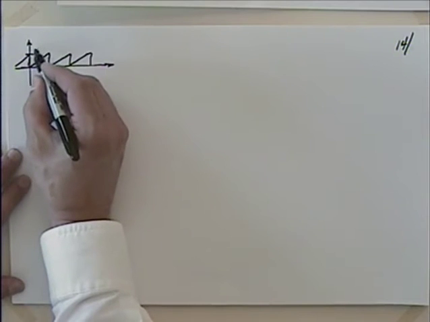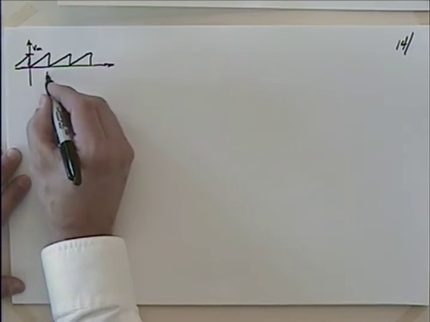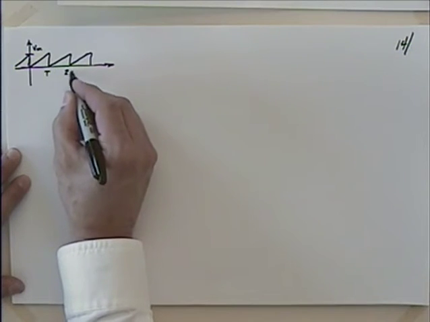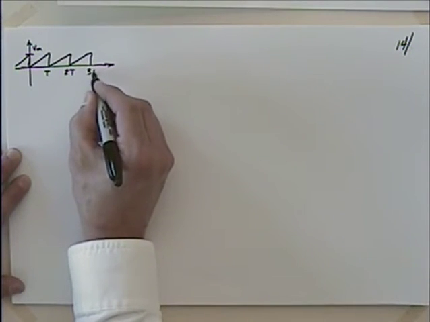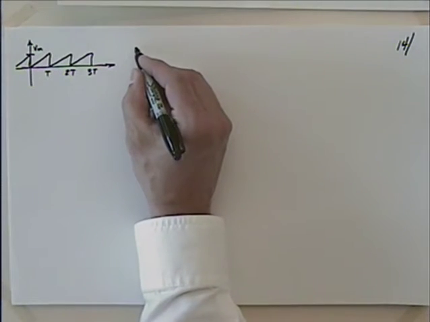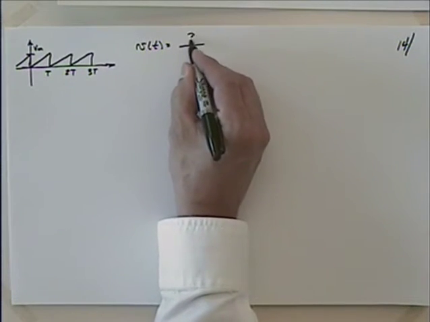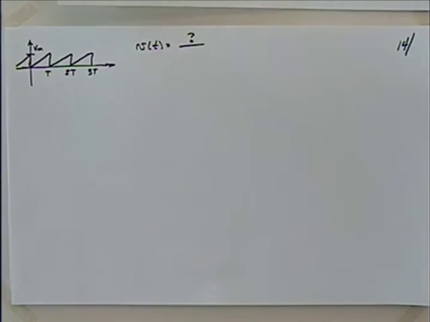And that goes to some value Vm. And we could say that that's 1 period, that's 2 periods, there's, of course, 3 periods, and so on. And we'd like to come up with a Fourier series representation for this. We would like to say that v as a function of time is equal to something.